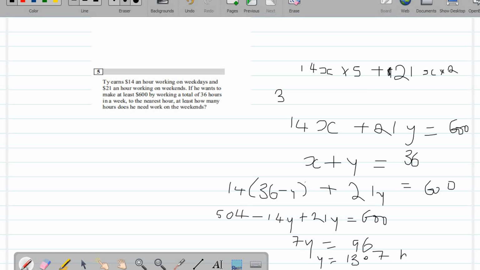He needs to work about 13.7 hours on the weekend. It says to the nearest hour, and 13.7 to the nearest hour is actually 14. So he needs to work 14 hours on weekends.